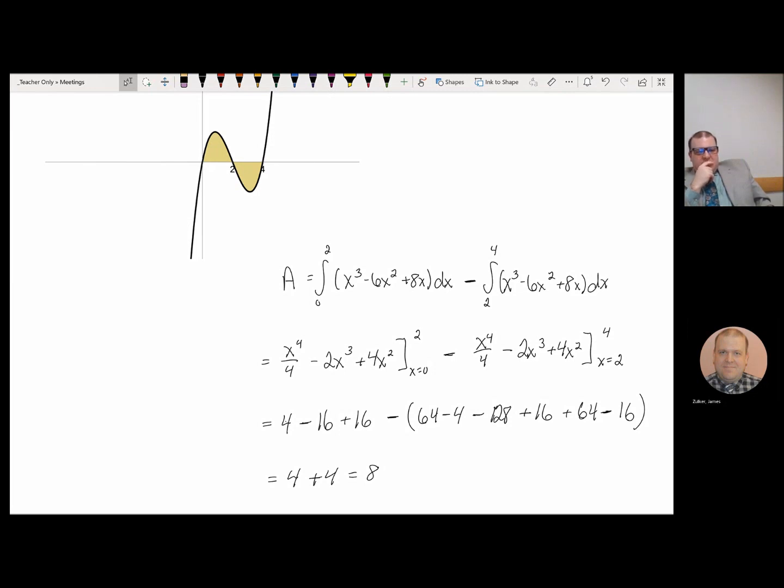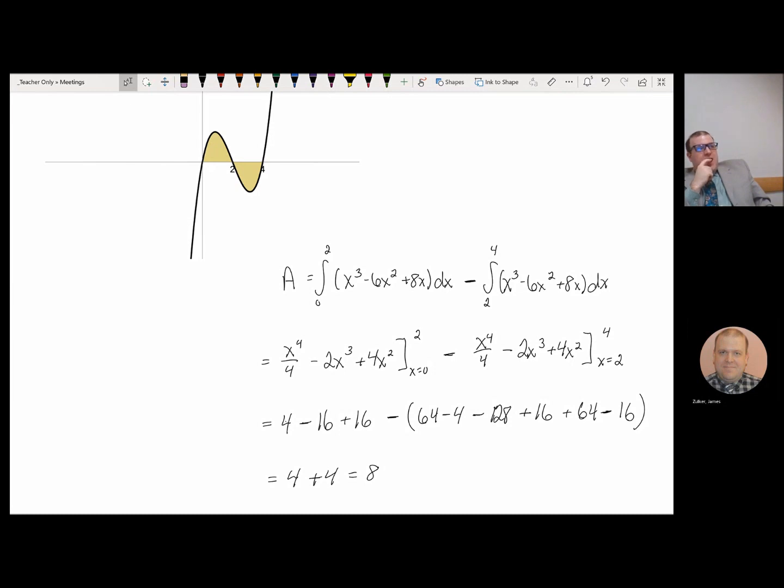So theoretically, if we knew that beforehand, and we noticed that this function is at x equals 0, we could have just done 2 times the first integral, if you recognize it's perfectly symmetric. How would you recognize it's perfectly symmetric? Remember, this is not just a basic cubic, because it has an x squared and an x term attached as well, which changes how the cubic behaves.